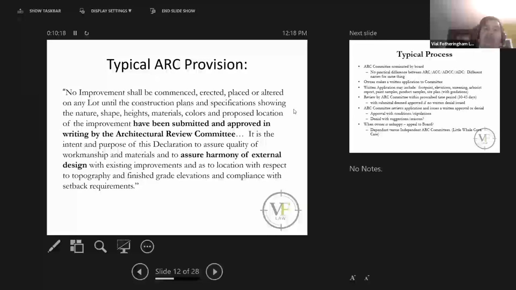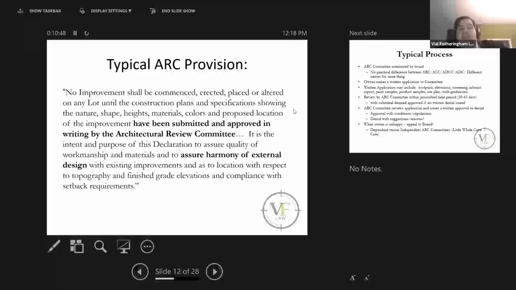It's also to ensure timeliness of getting the work done, so that you don't have somebody start a project and then run out of money midstream and not be able to finish it. There are protections in there for that. So this is the typical provision. Yours will likely have many of the same components or similar language as to what is allowed.